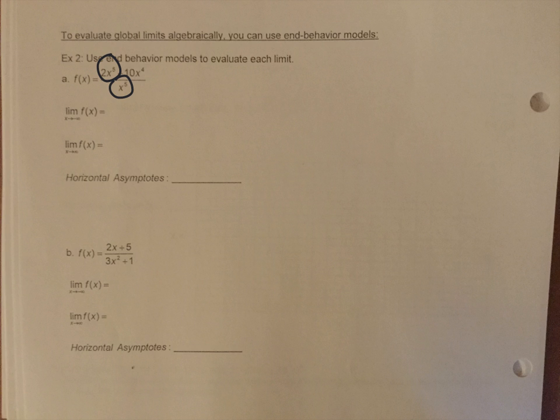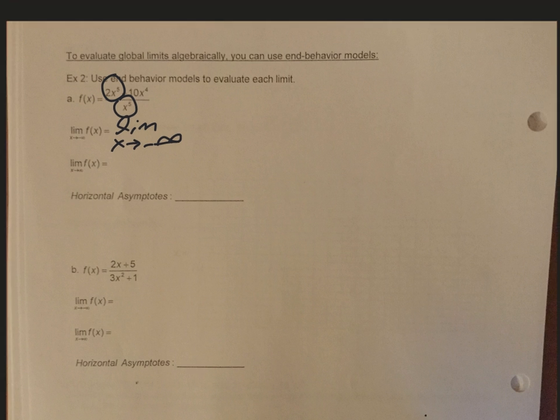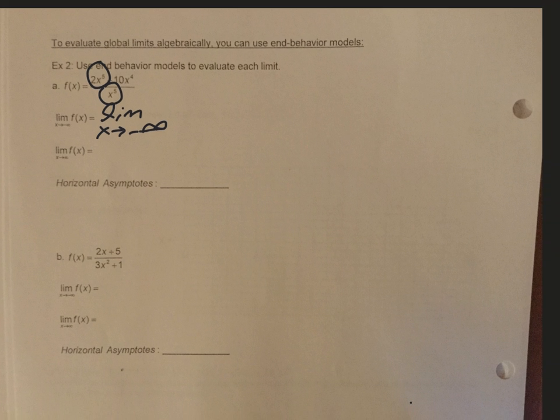So what I'm allowed to do is take the 2x to the 5th and the x to the 5th on the bottom and just analyze what happens as we go to negative infinity of that rational function. Ultimately the 10x to the 4th doesn't affect the end behavior of the function as much as the 2x to the 5th over x to the 5th does.